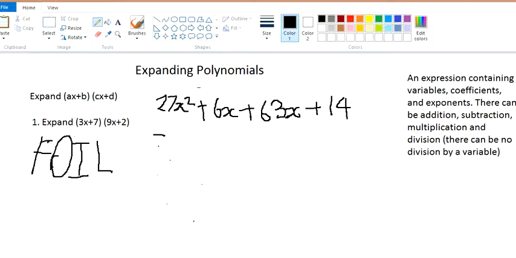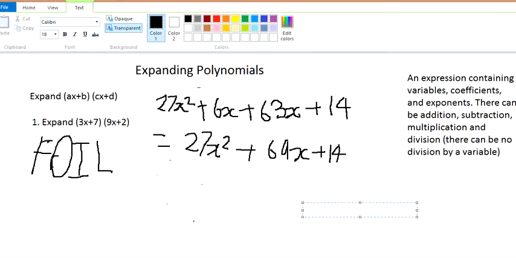So all we have to do is to add the two like terms together, and we end up with 27x squared plus 69x plus 14.